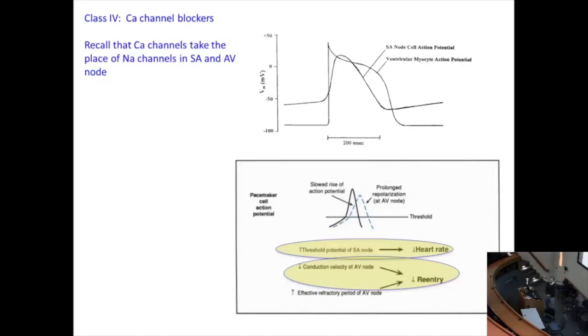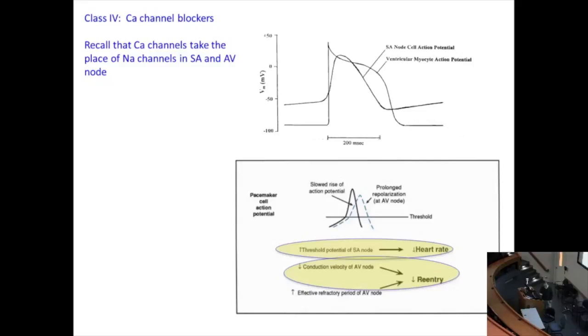So if I have an atrial fibrillation where that wave of depolarization is going around and around and around and randomly hitting the AV node, causing a tachycardia, an irregular and faster than normal heartbeat, which would be typical, then a calcium channel blocker can help because it'll decrease the velocity of action potential conduction to the AV node.